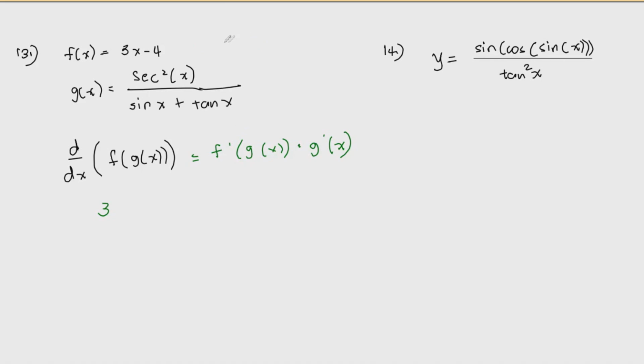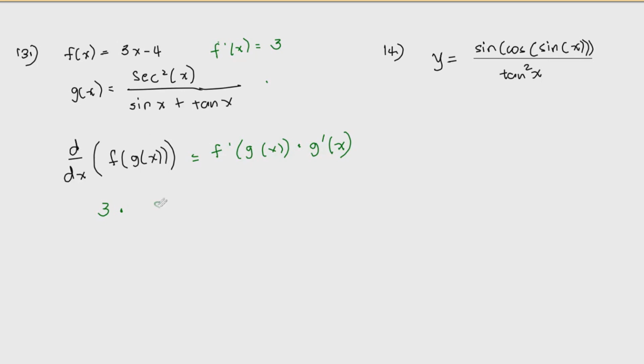You just have to take the derivative of the original function that we have, which is equal to 3, and then substitute g of x if there is an x here, but we don't have any, so we'll be left with 3, and then multiply that with the derivative of our g of x. So we just have to multiply this with the derivative of our g of x.